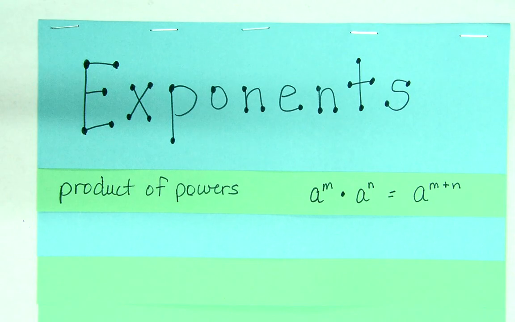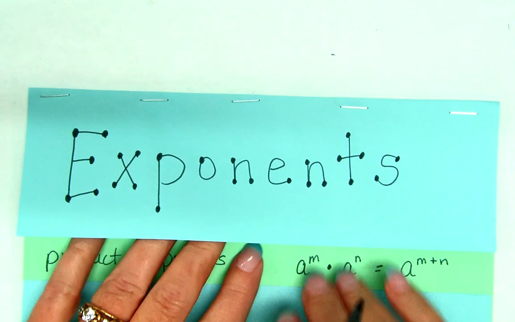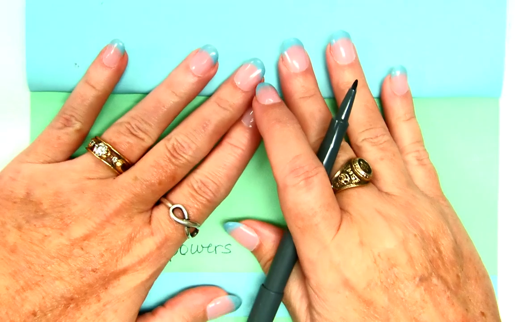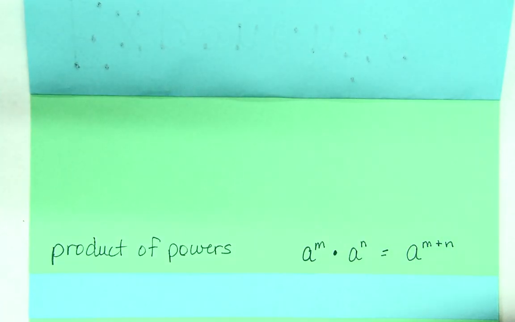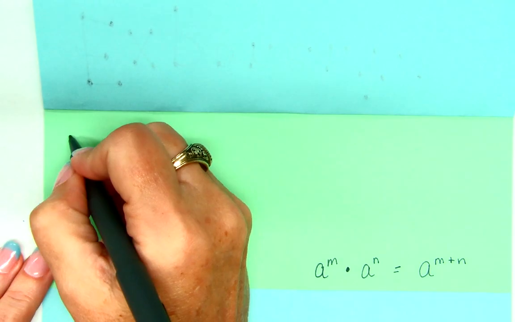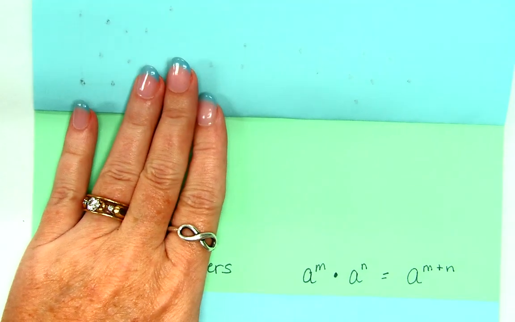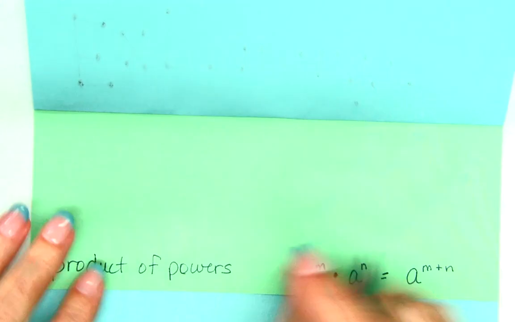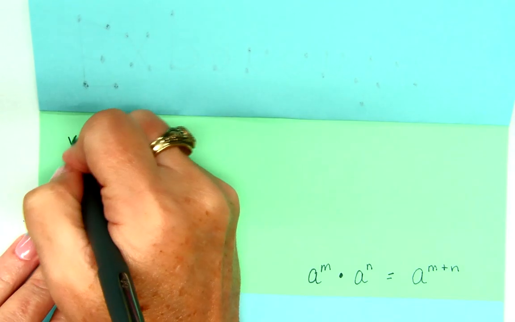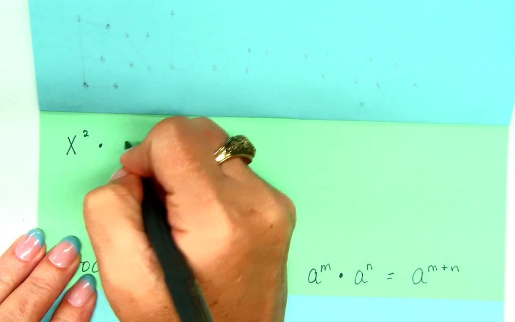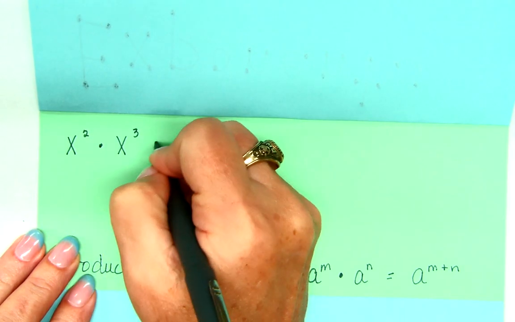Okay so far? Okay. So let's fold up this first part. So we're going to have 2 sets of examples, one on this side and one on this side. Okay? X squared times x cubed.